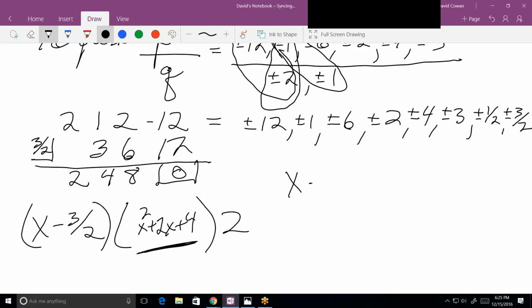So what's x equal? If x squared plus 2x plus 4 is equal to 0, then how do I solve for x? What's the quadratic formula?